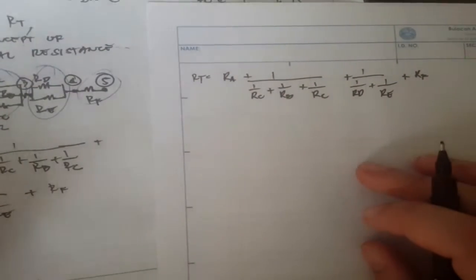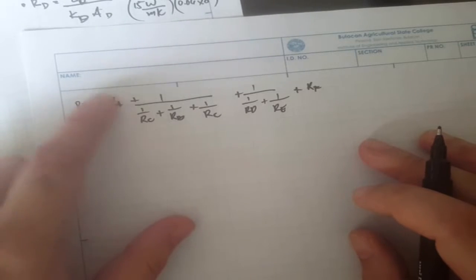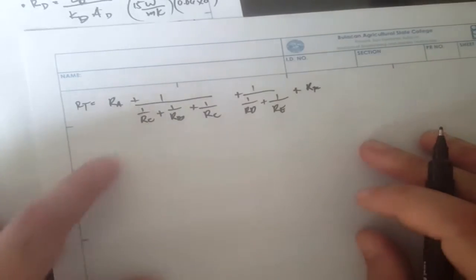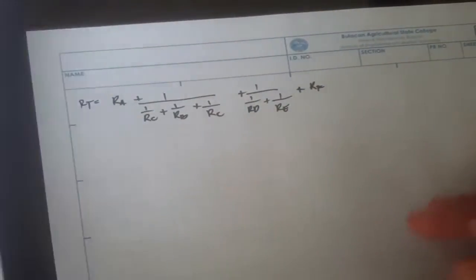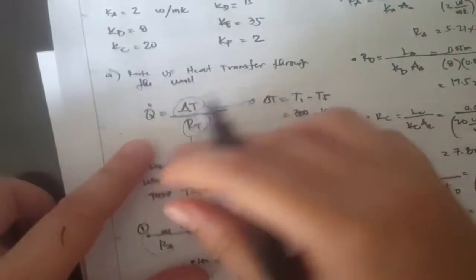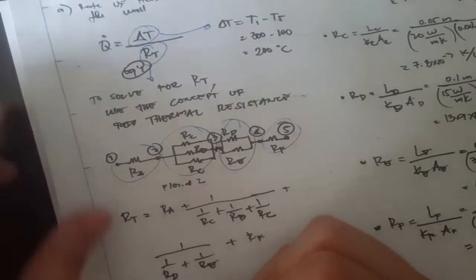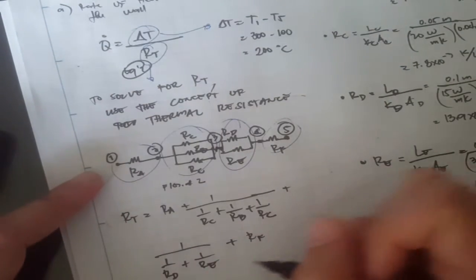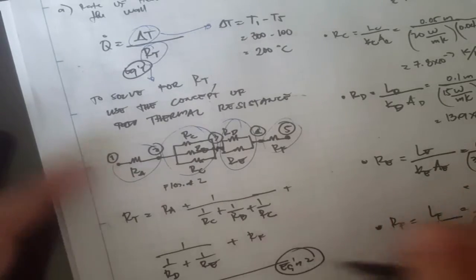Going back to our equation, we have R total is equal to the following. By the way, let's rename this equation. Say this equation here is our equation 1, and this equation here, RT, is our equation 2.